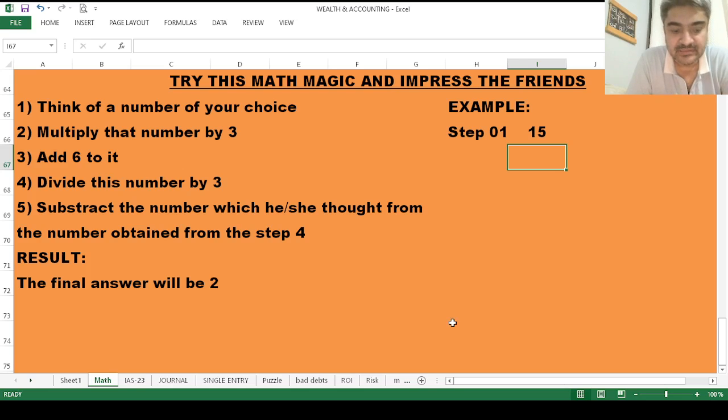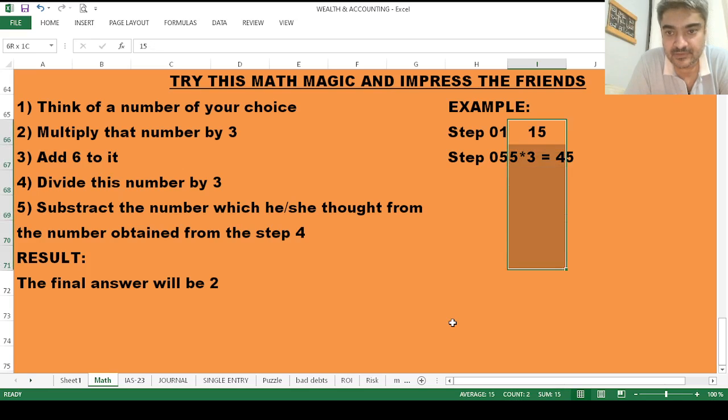Now apply the second step, which says to multiply it with 3. So 15 multiplied by 3 is equal to 45.